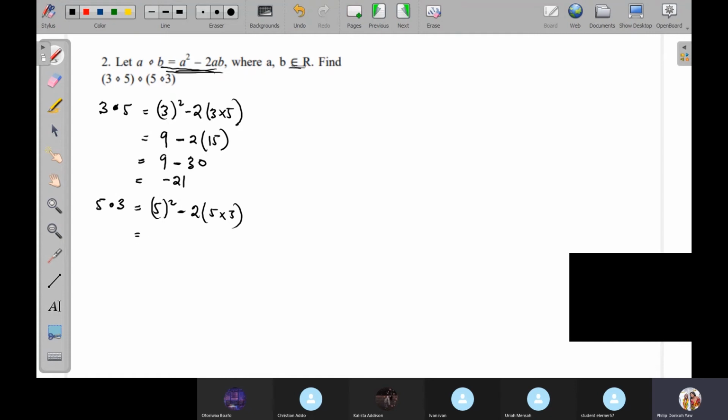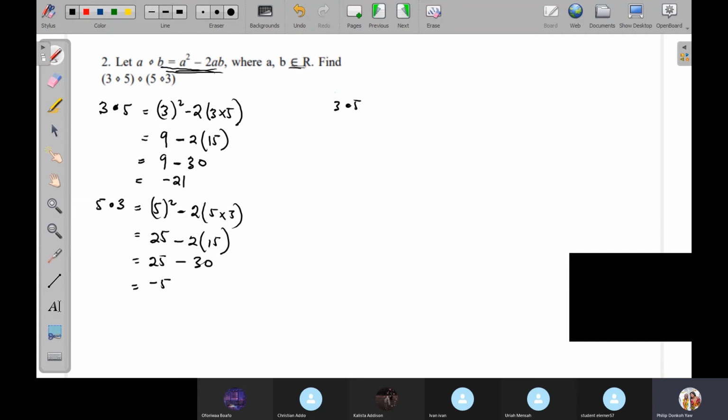When we simplify, we'll have 25 minus 2 times 5 times 3, which is 15. And then we have 25 minus 2 times 15, that is 30. So 25 minus 30 gives minus 5.